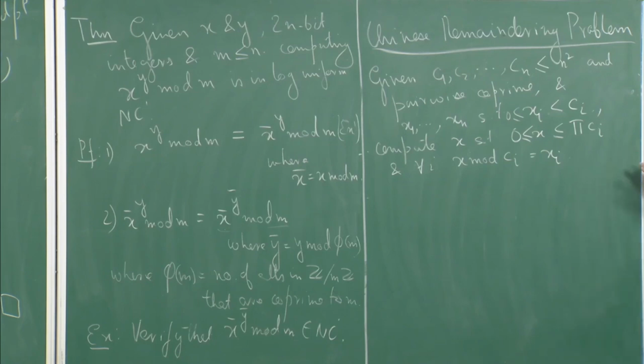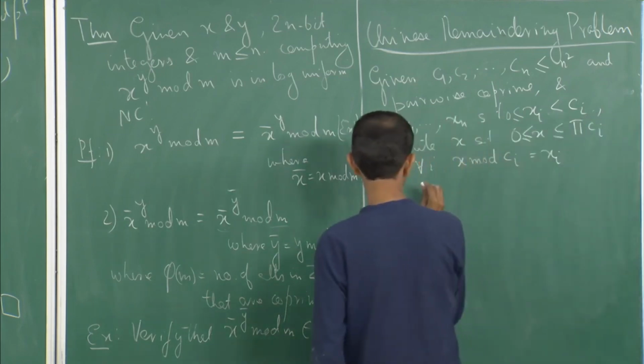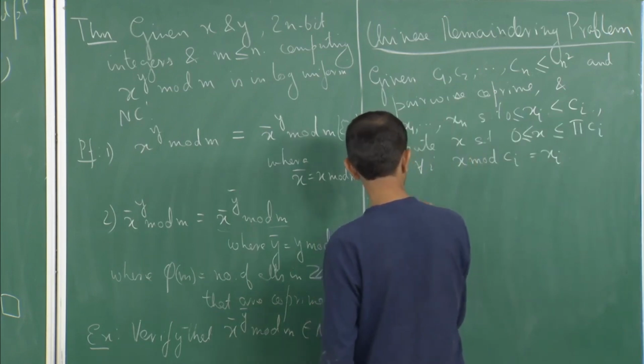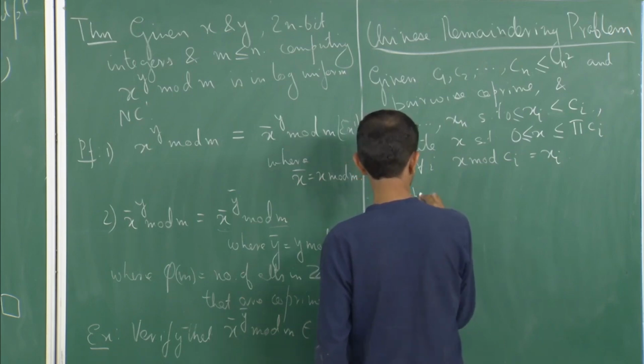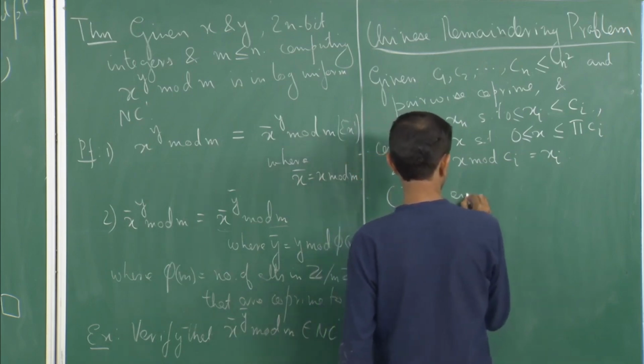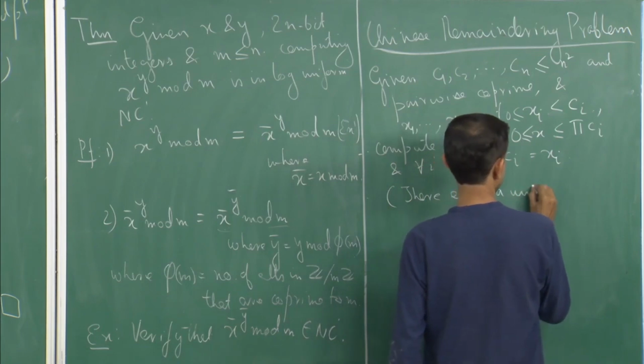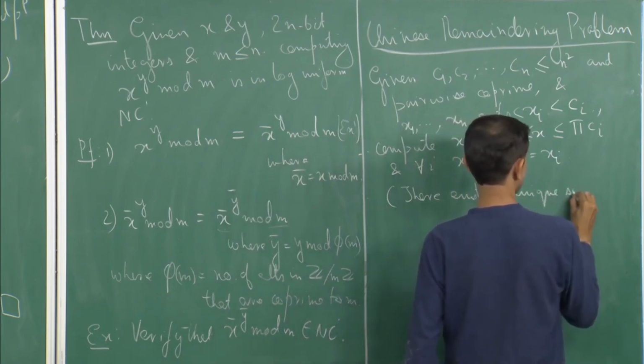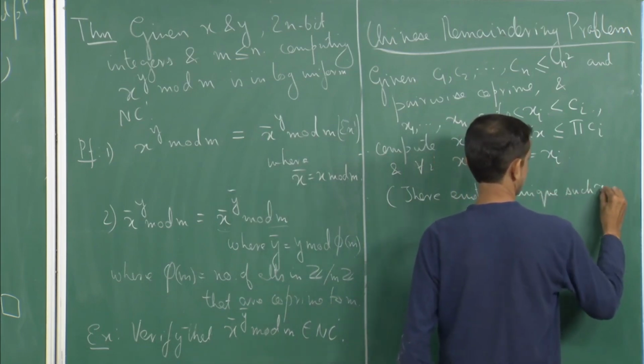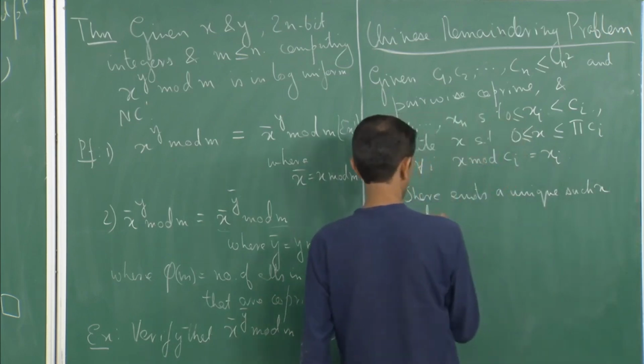You can try proving this by yourself if you are interested, or you can even look up a proof. It is there everywhere. There exists a unique such x always.